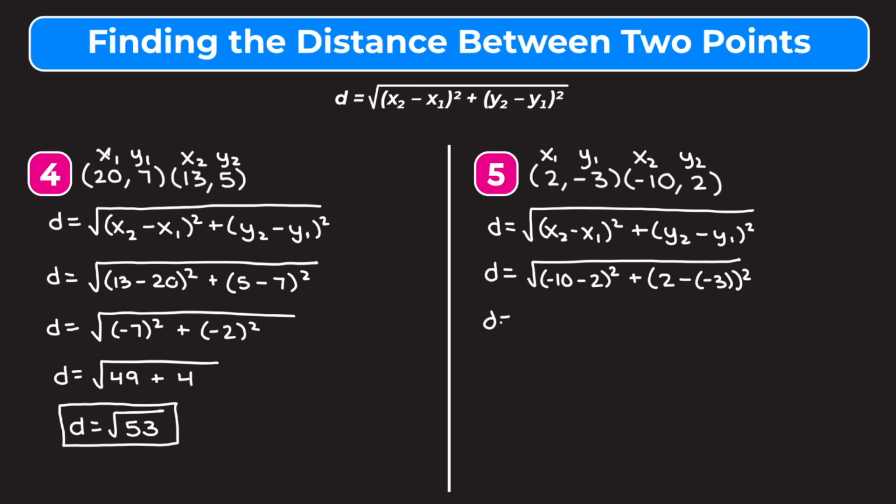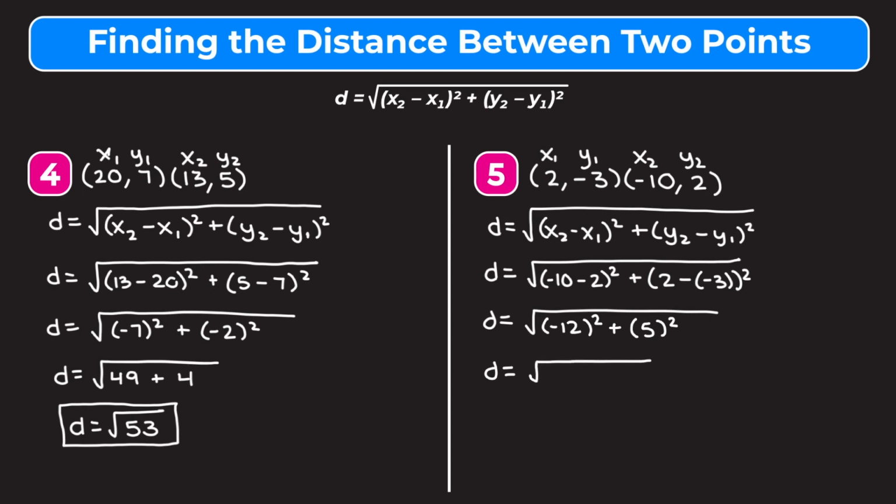And now let's simplify. So negative 10 minus 2 is negative 12. So we have negative 12 squared. 2 minus negative 3 is the same as 2 plus 3. And 2 plus 3 is 5. So we have 5 squared. And now we're going to square both of those numbers under the root.